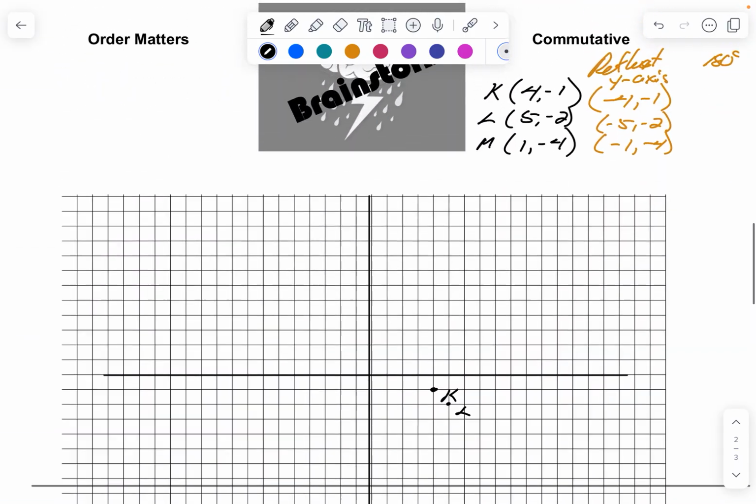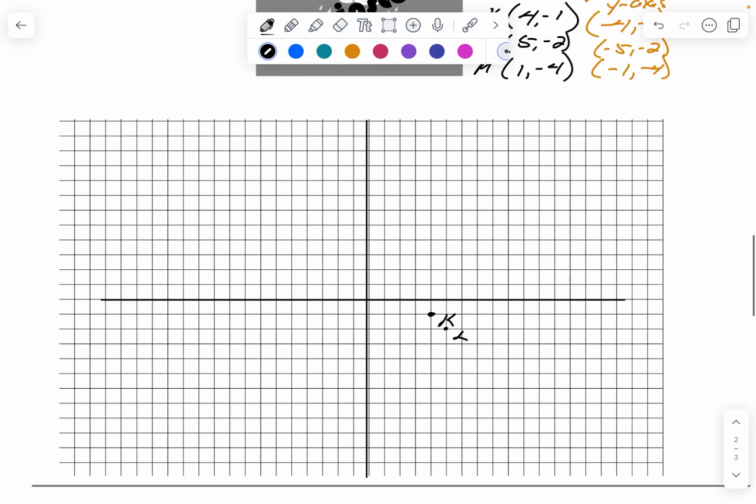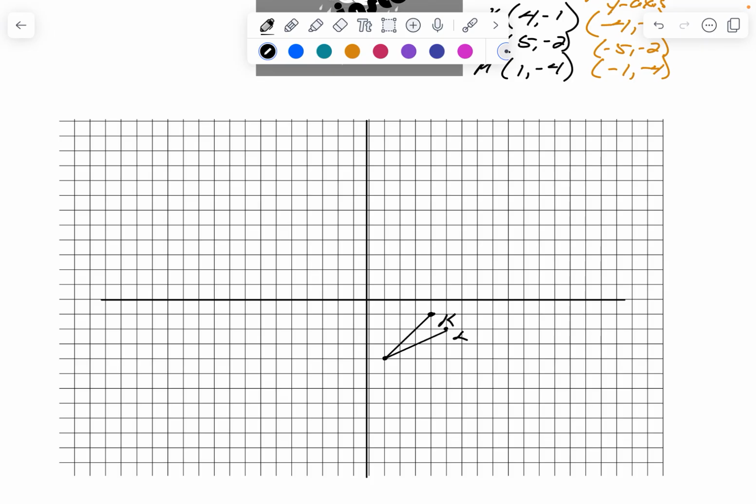I remember them that close. And M, (-1, -4). There's my initial. Now we're going to reflect it over the y-axis. There's my K prime, my L prime, and my M prime.